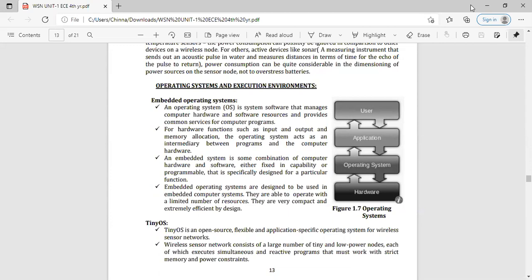Hardware functions are such as input, output and memory allocation, and the operating system acts as an intermediate between the program and the computer. Whatever inputs and outputs you give, and whatever memory allocation you give, it operates as an intermediate between the hardware and the programming. The program you type, you have to link to the hardware.